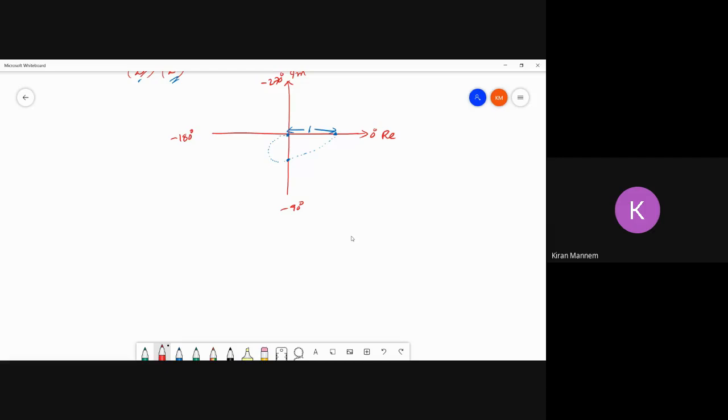So I'll write here: this plot does not cross the real axis, isn't it? It doesn't cross the real axis, but it crosses the imaginary axis.